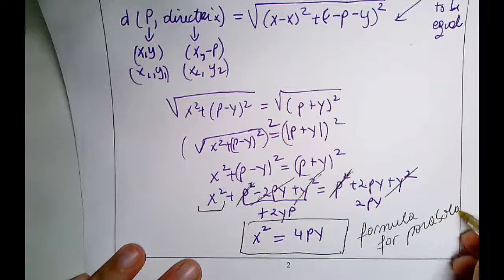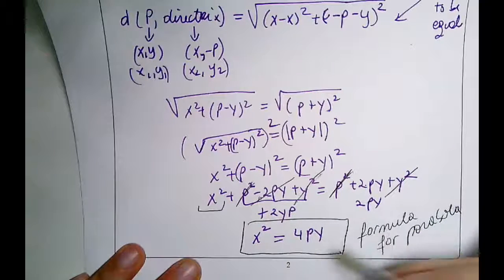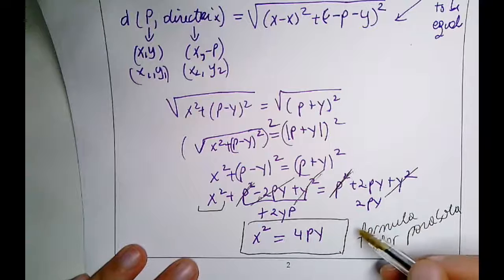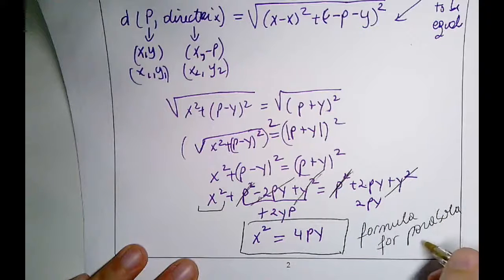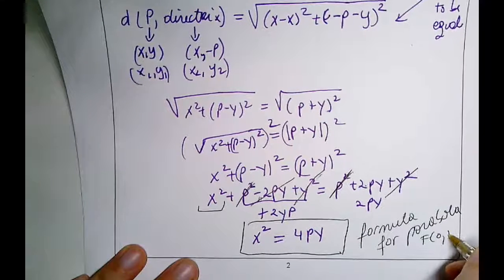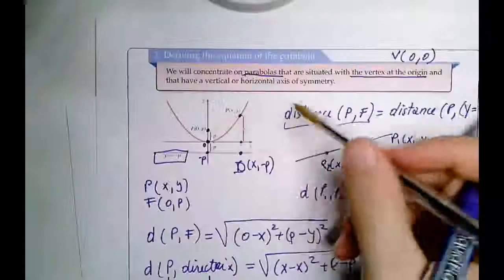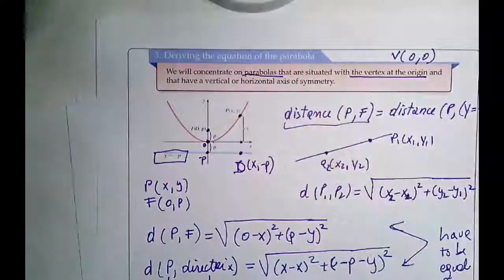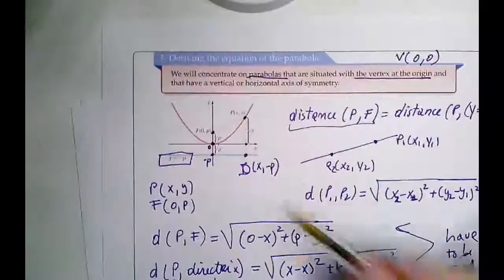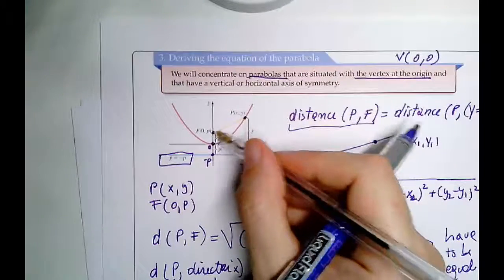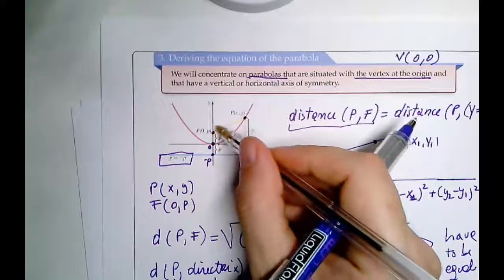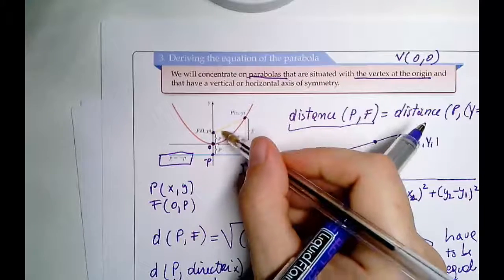From a geometric point of view, this is a parabola with focus (0, p) and directrix y equals negative p. Notice that our parabola opened up, and this p was positive because the focus was above the x-axis.